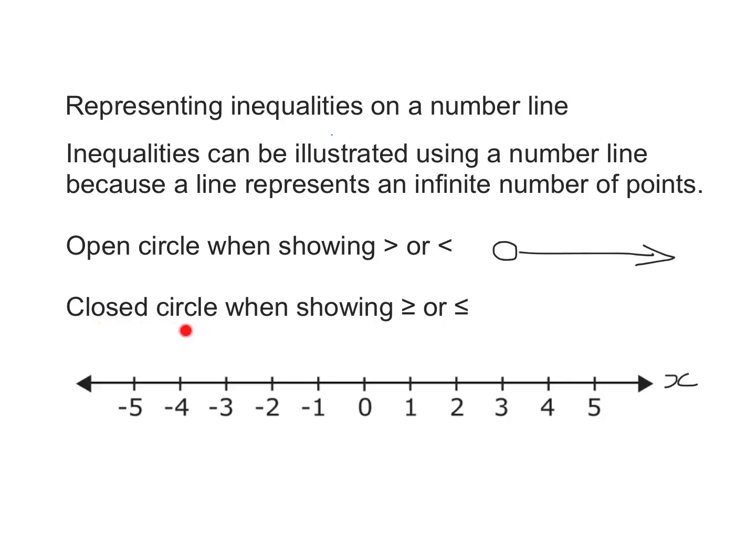However, when we use closed circles, we represent less than or equal to, or greater than or equal to. This is an example of a closed circle, so I'll just color it in, and then put a line with an arrow on the end of it. So that is a closed circle, and that is an open circle.